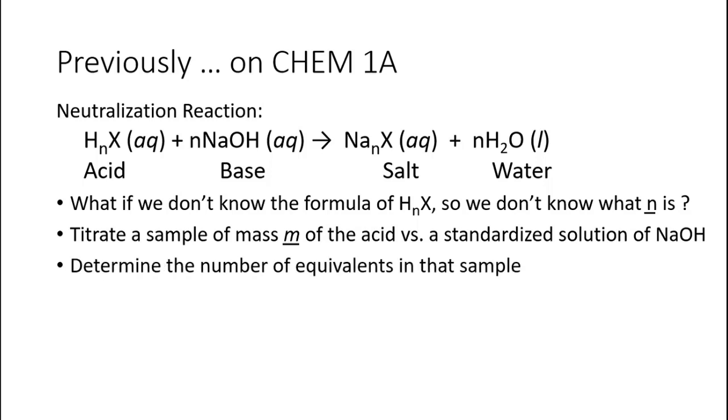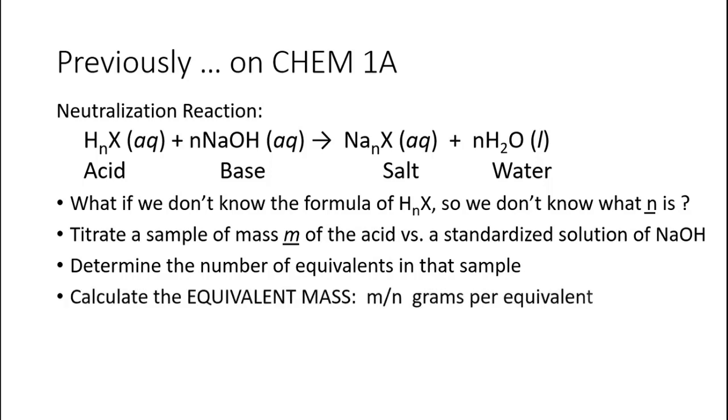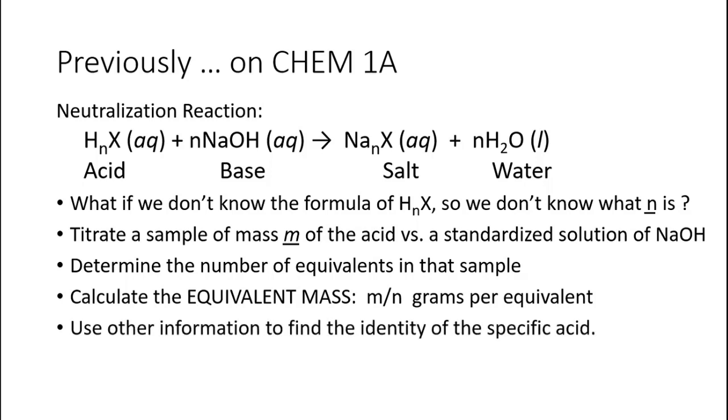We use the data to determine the number of equivalents that were in that sample, and we calculate the equivalent mass of the acid, grams divided by number of equivalents. And then we can use other information to find the identity of the specific acid. If you forgot how to do this, please look up the experiment we did on the unknown acid, finding the equivalent mass of the unknown acid.